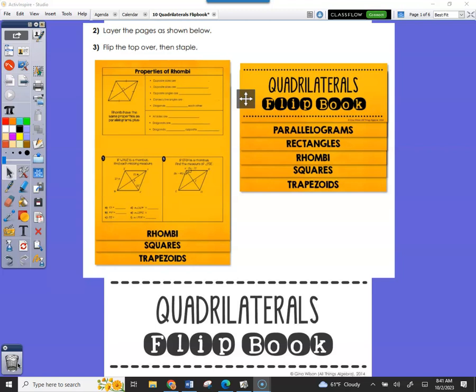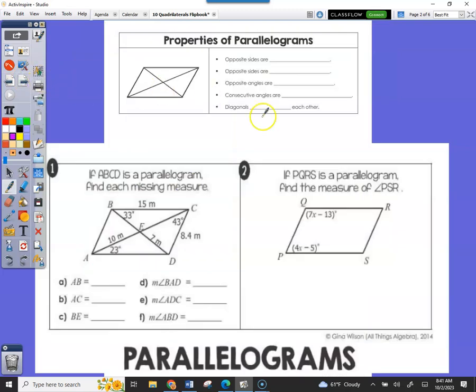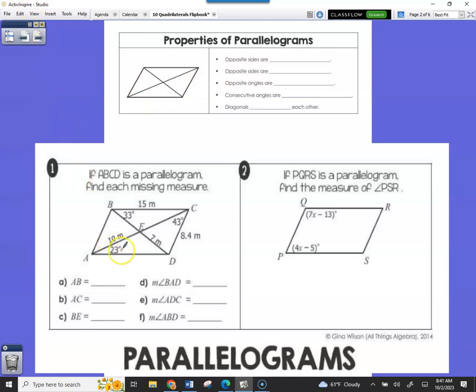Okay, we said this is page 42 in your notebook. We will glue it to notebook paper so it has a way to stay in your notebook. We are going to open up the first flap and look at parallelograms.